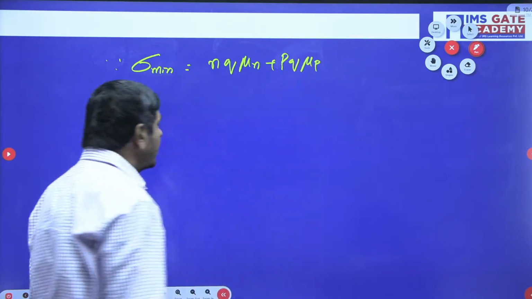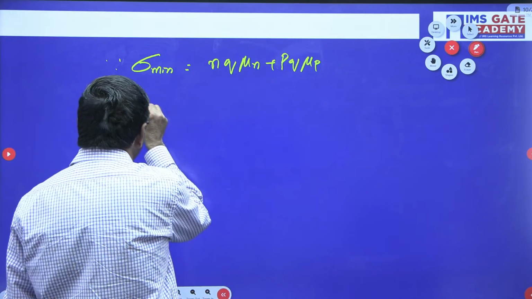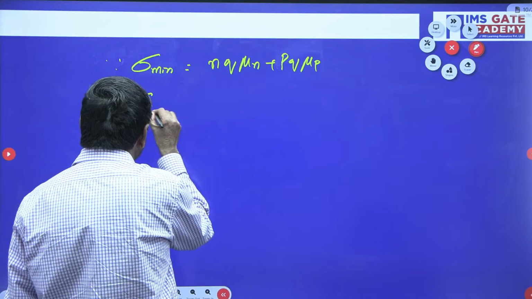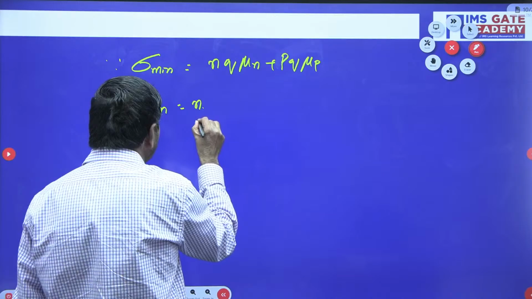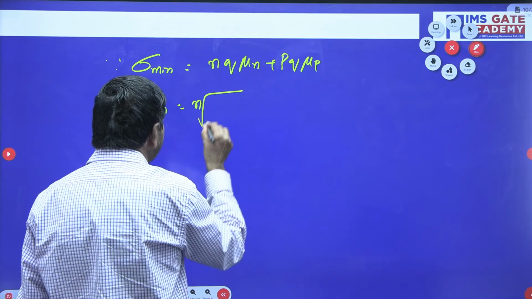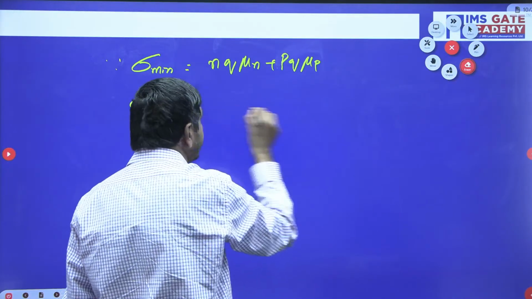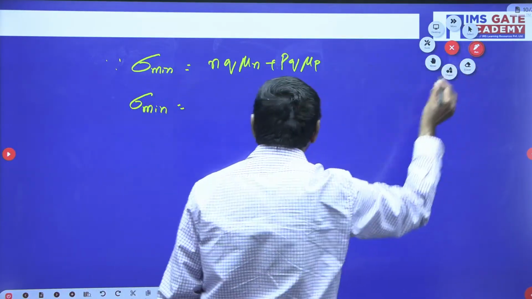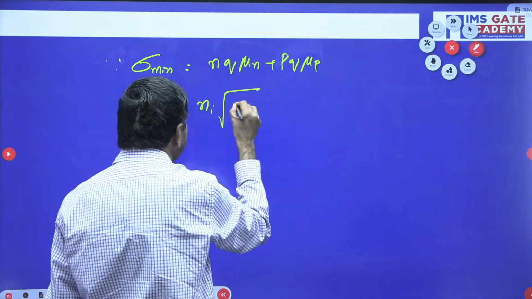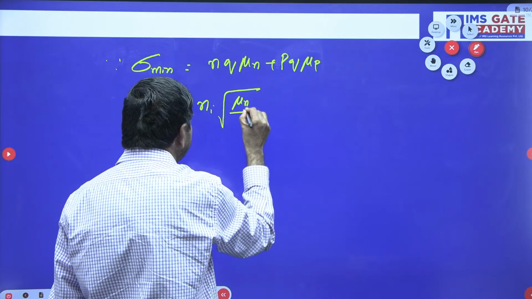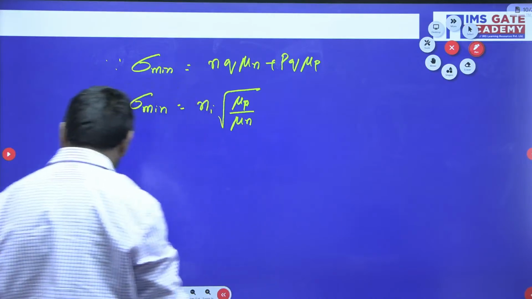Suppose in a problem you are asked to find out the minimum conductivity, but already you are getting the concentration of the electrons at minimum conductivity. You substitute n equal to what I gave it, ni into under root of mu p by mu n I gave it. Please check it if you want, you will understand.